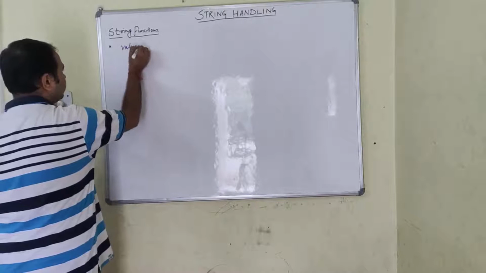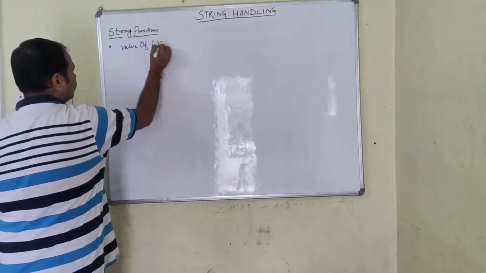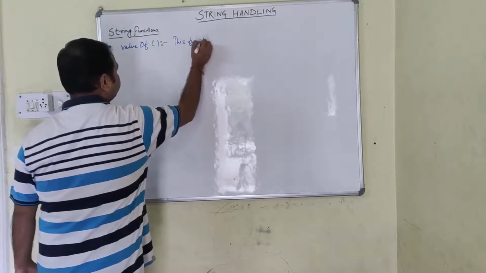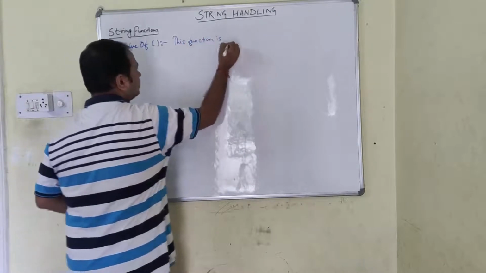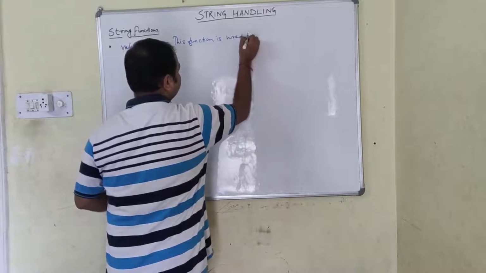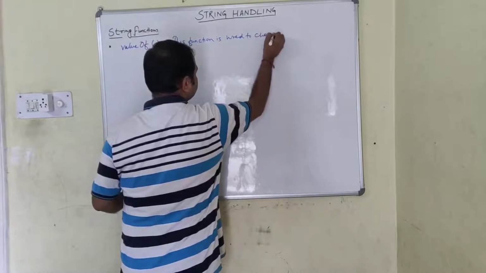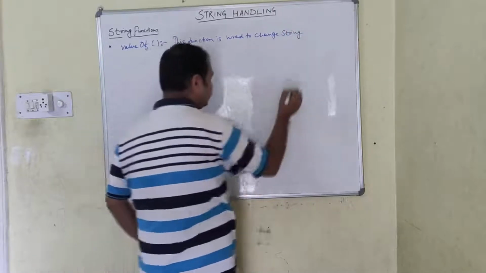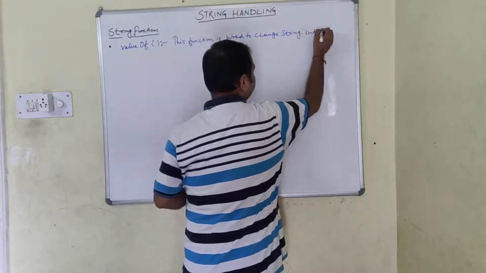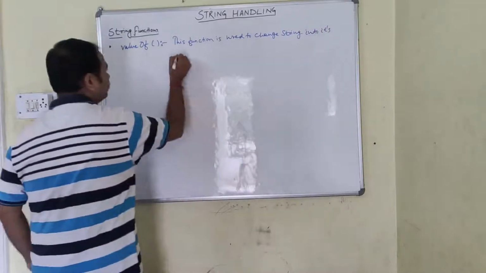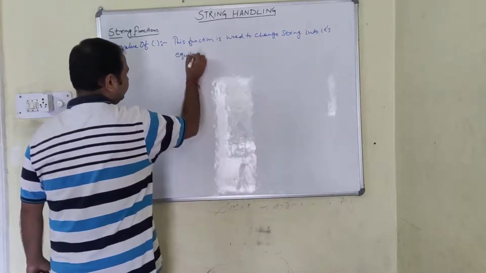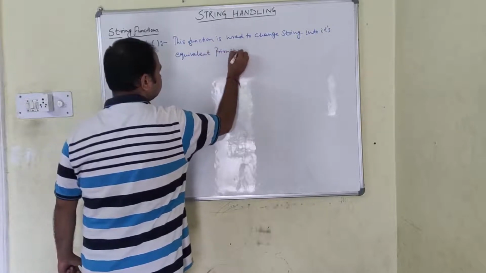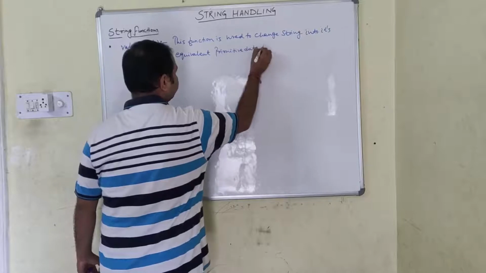valueOf. Okay. So this function is used to change a string into its equivalent or corresponding primitive data type.